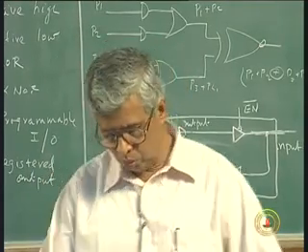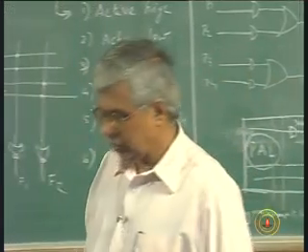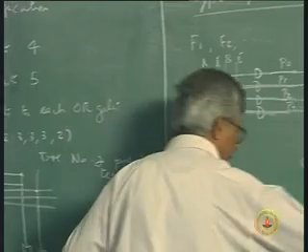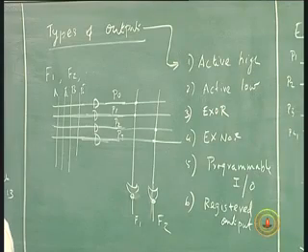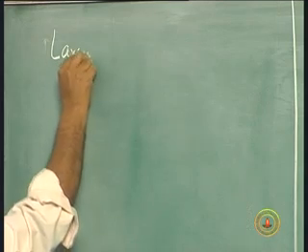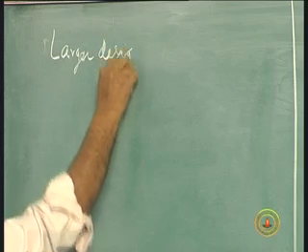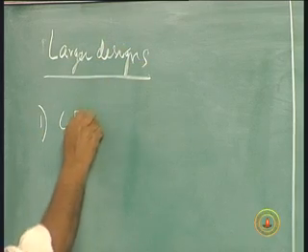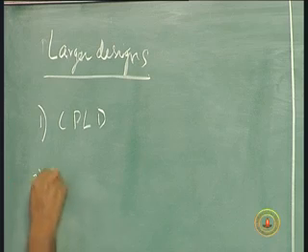So, this is the trend now, the PAL, programmable logic device based design is a trend, but size wise it is growing. There are two options for larger designs. There are many options, but two are more popular. One is called CPLDs, the other is called FPGAs.